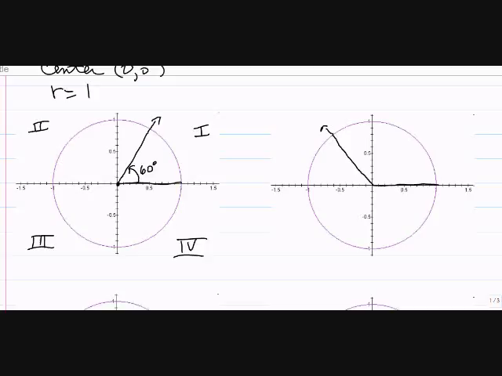Let's say this angle is 20 degrees off of the y-axis. To go from the x-axis up to the y-axis is going to be how many degrees? 90. Plus I'm going to add another 20 degrees. So an angle in the second quadrant can be called 90 plus 20, 110 degrees.